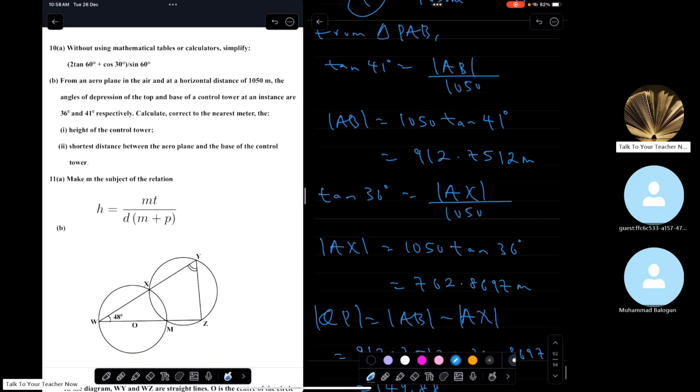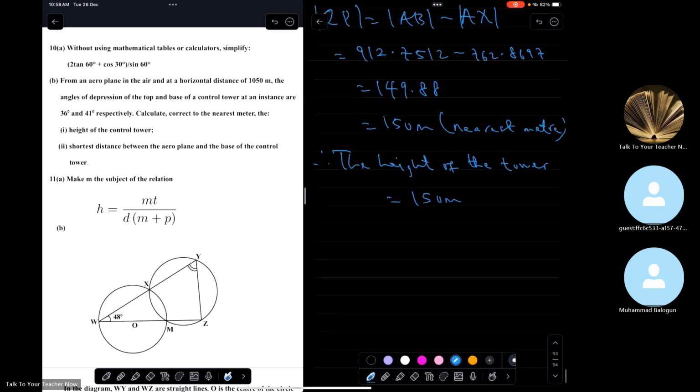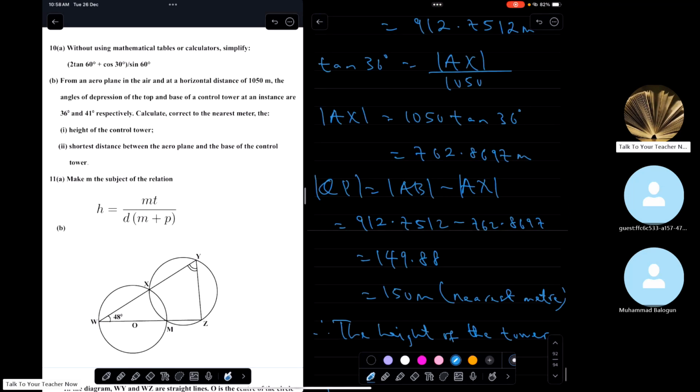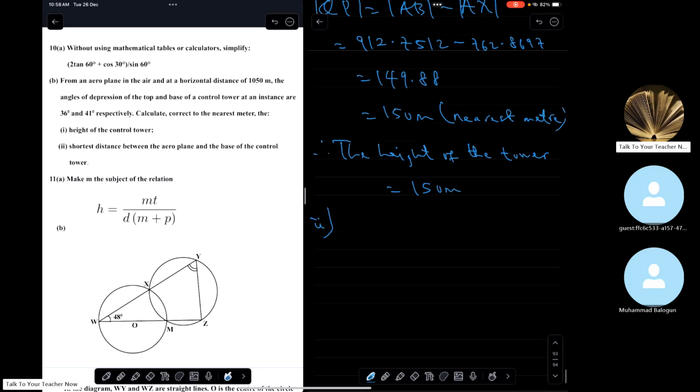Mohammed, have you copied that? No, sir. Roman figure 2 says, right, now hurry up, we're waiting for you. Shortest distance between aeroplane and tower equals, we already got that value.